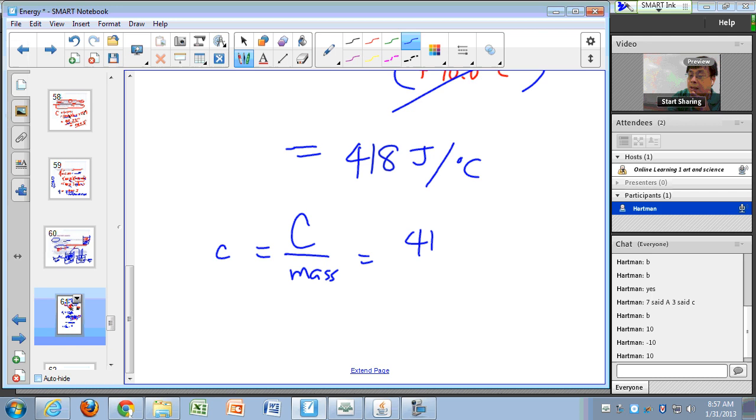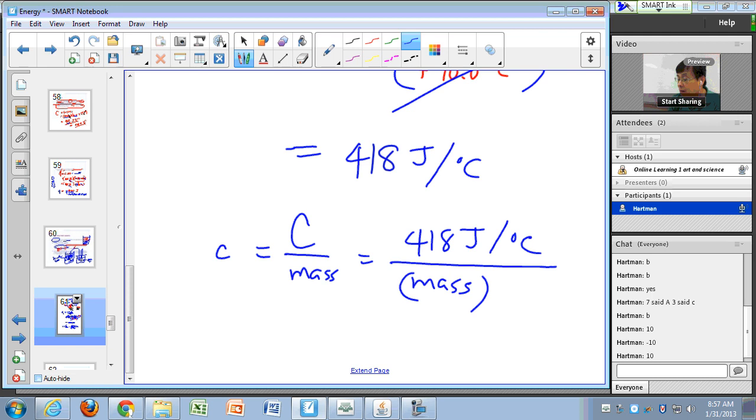So 418 joules per degree Celsius divided by the mass, which we are not given in this problem, so we cannot solve the specific heat. We have the information to do the heat capacity, but we don't know the mass. But when you're doing this in the lab, you'll be measuring the mass of your metal, so you can get the specific heat of your metal.